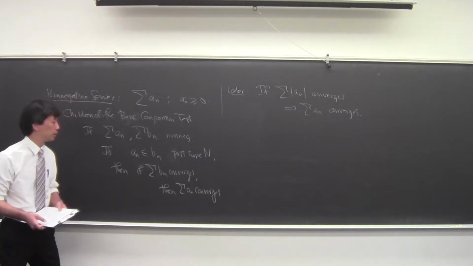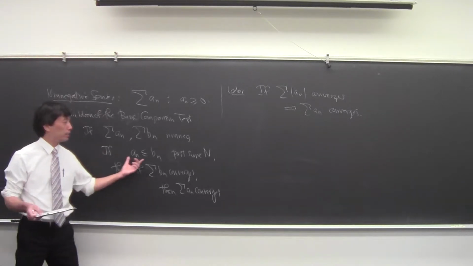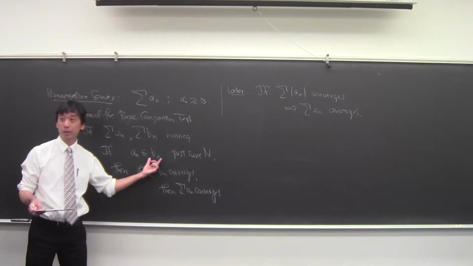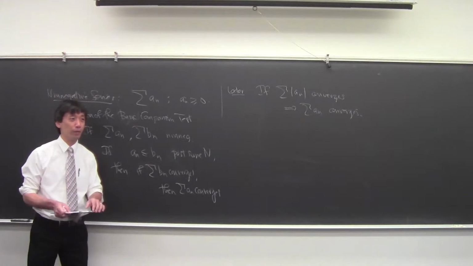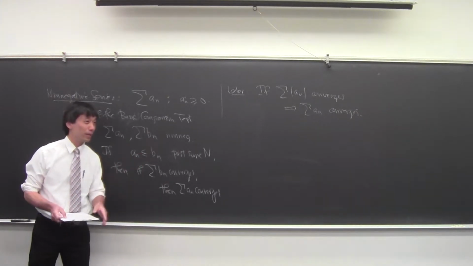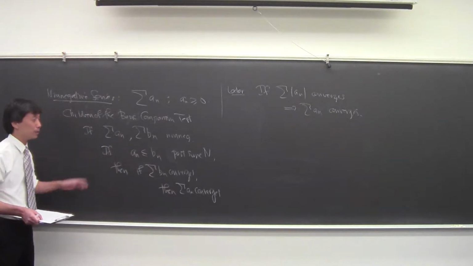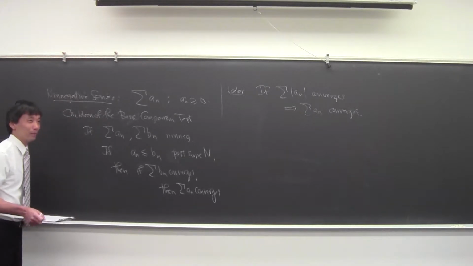If you have two series and the terms of one are smaller than the terms of the other, if the sum of the bigger guys converges, then the sum of the smaller guys is going to converge too. And the way we proved it is as you say, we look at the partial sum series. So that's the fact that we used, a sort of stronger fact than this.